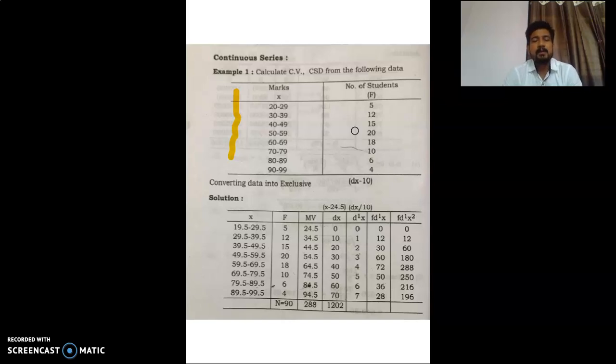Continuous series problem: calculate CV and CSD from the following data. We are given the marks and number of students. After seeing that information, we first have to convert the data into an exclusive series.